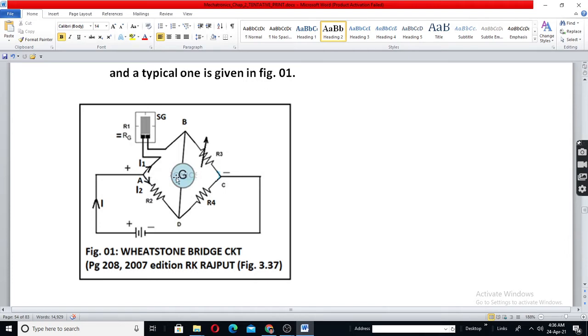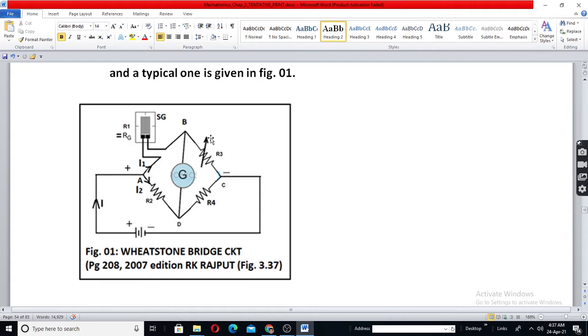Now, this indication is directly a measure of force, but sometimes they will use the null method for measurement. Initially they will keep it in the balanced condition. This will be 0. There is no force. You will adjust R3, say R3 is 10 ohms. Now you apply force. You will get deflection.